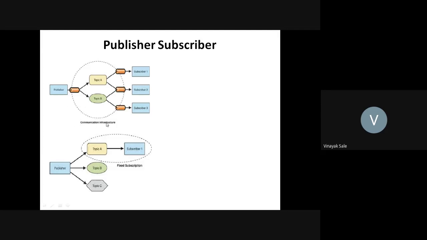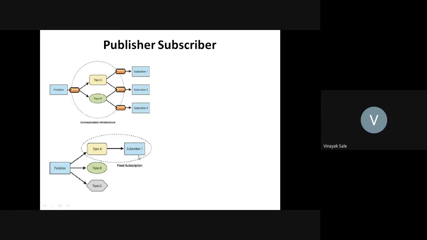This is the communication infrastructure. The publisher has a number of topics to publish. For example, we have taken only two topics, topic A and topic B. Topic A has subscriber 1 as well as subscriber 2. Similarly, topic B has subscriber 2 and subscriber 3. This is the communication infrastructure.